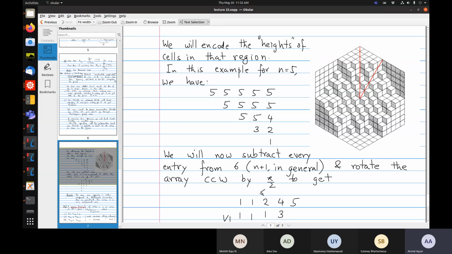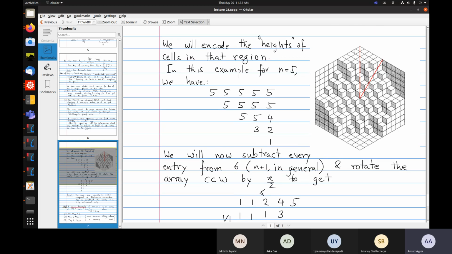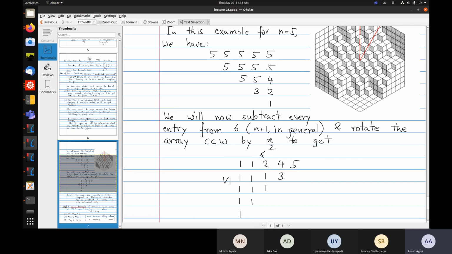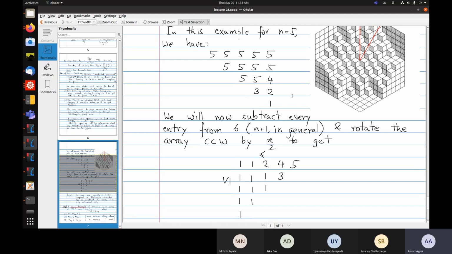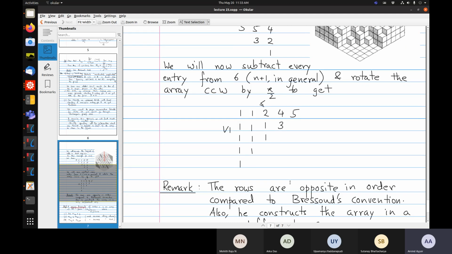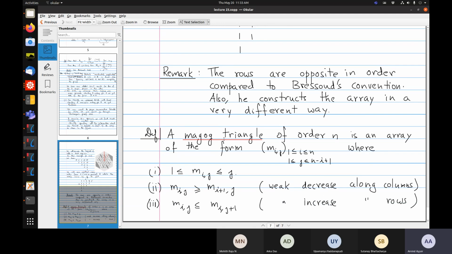What we did was we chopped off 1/12 of the TSSCPP and we counted the heights of boxes in that region, and we subtracted every entry from n+1 in general, and we rotated counterclockwise by pi/2, and we obtained a triangular array.